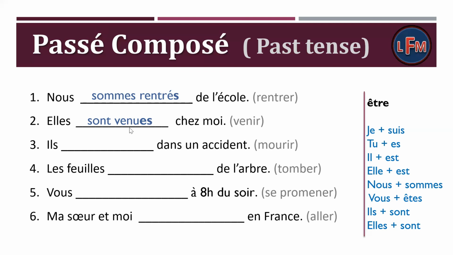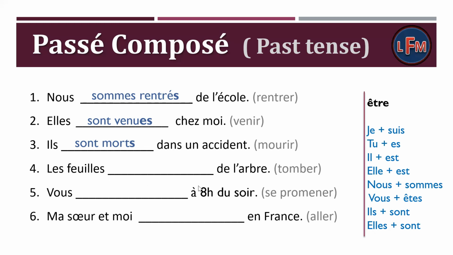So, elles sont venues chez moi. Then, ils dash dans un accident. First, we take the être verb with ils, which is sont, and the participe passé of mourir is mort. So, ils sont morts dans un accident. We put an extra s because ils is masculine plural.